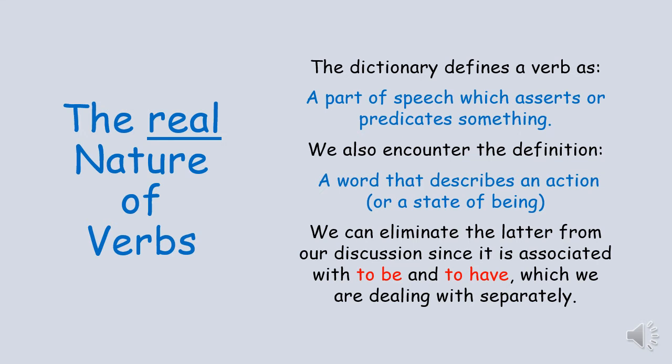We also sometimes encounter the alternative definition: a verb is a word that describes an action or a state of being. We can eliminate the latter, the state of being assertion, from our discussions since we've already associated it with to be and to have analysis, which we were dealing with separately.